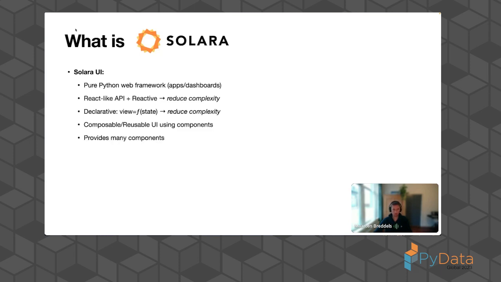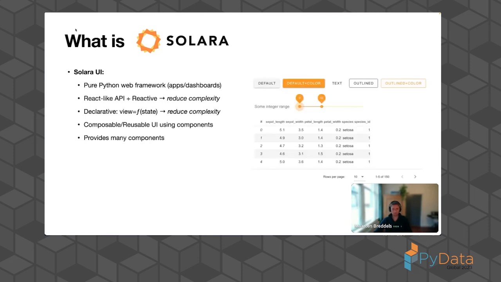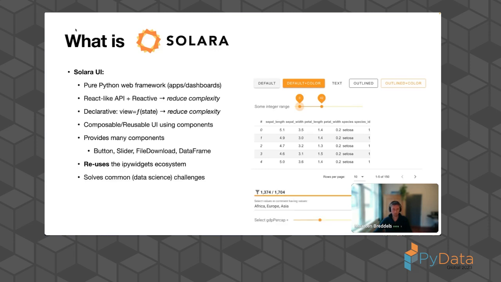But because we're really data oriented, we also have a lot of components, buttons, sliders, but also for visualizing data frames. And as I said, we reuse the IPyWidget ecosystem. So there are a lot of third-party IPyWidget libraries that you can already integrate in your Solara app.